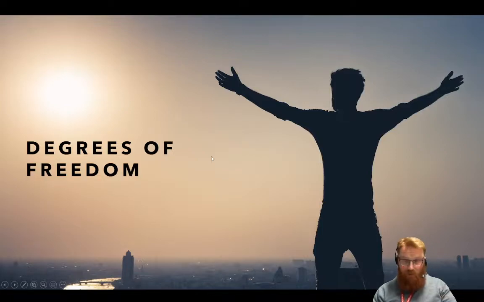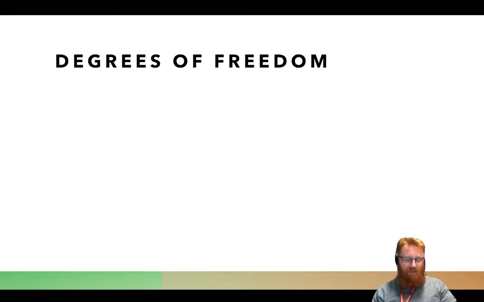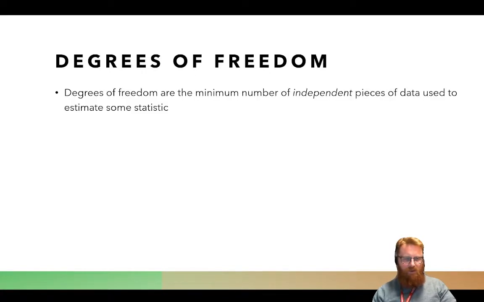So degrees of freedom is a bit of a thorny problem. It starts off with a pretty innocuous definition, right? A statistic has X degrees of freedom if it requires a minimum of X independent pieces of data to calculate it. The easiest one is the mean.